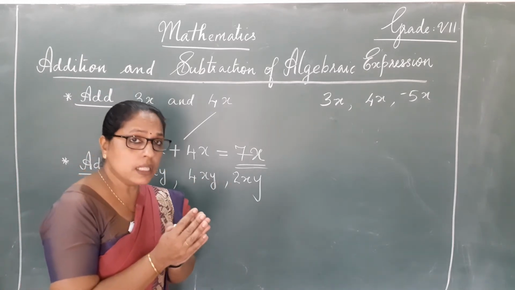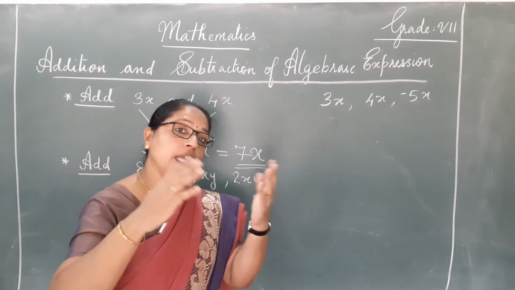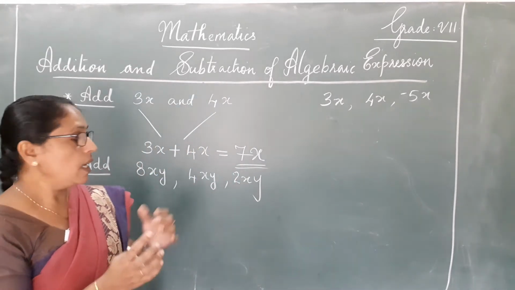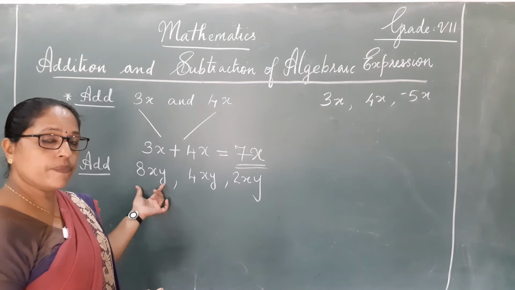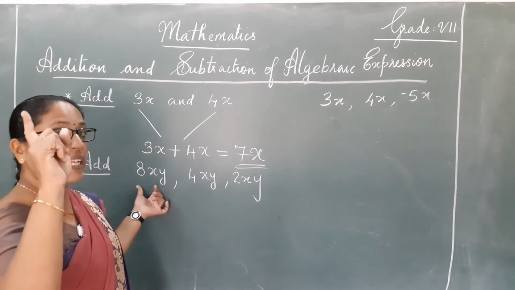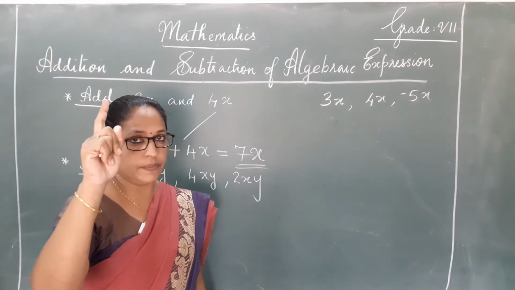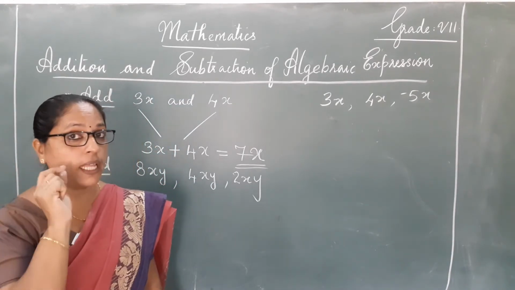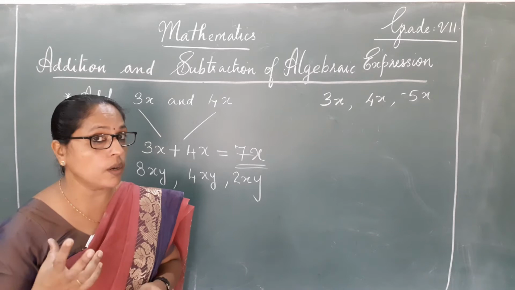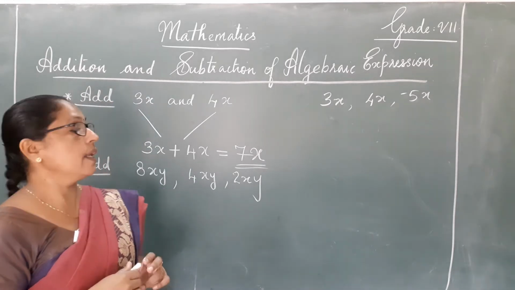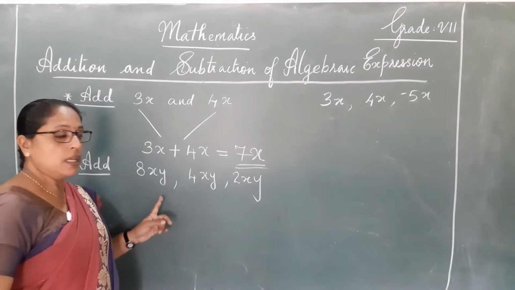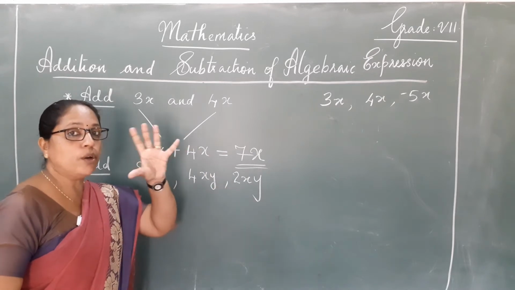How many terms are there in 8xy? Yes, exactly one term. So all these expressions have one term. They have a specific name, which we learned last class. What do you call them? Yes, they are known as monomials. So all these are monomials.